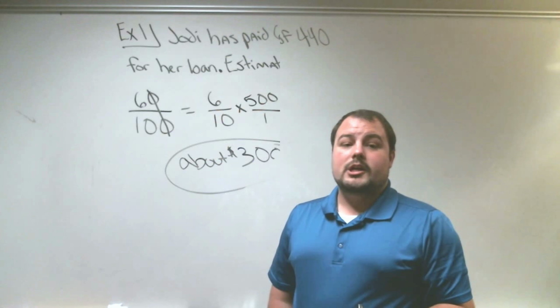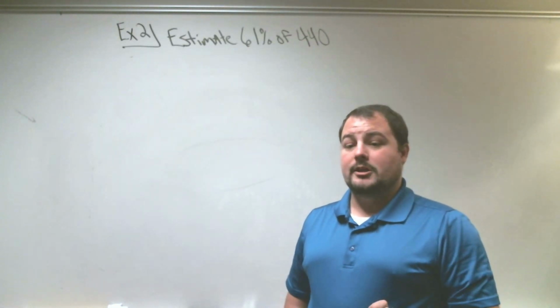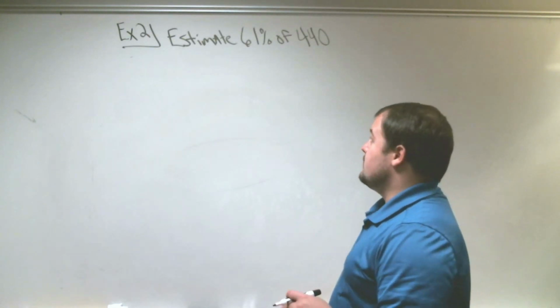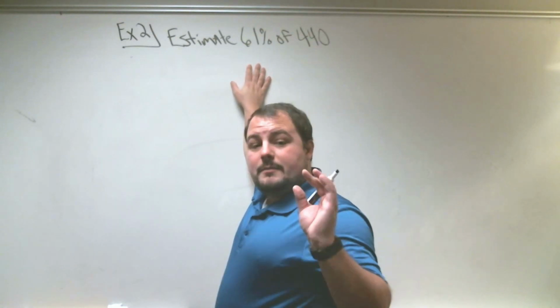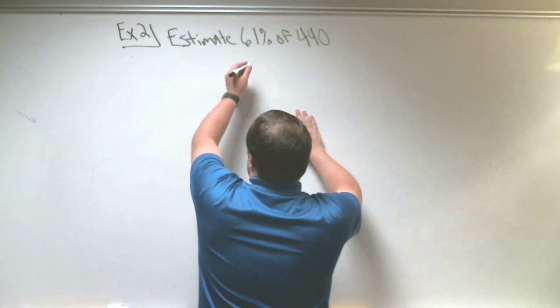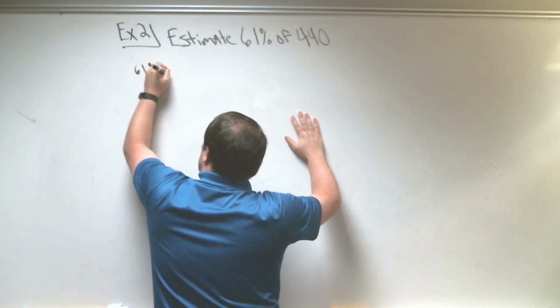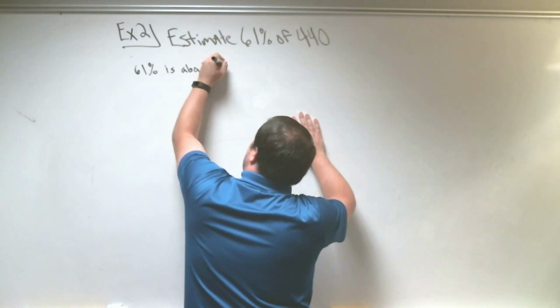Let's keep moving. In this example, we're going to estimate 61% of 440. We're going to try this similar to what we just did. We first start by changing our percentage to something that's easier to work with, making it end in 0. So I'm going to say that 61% is about 60%.